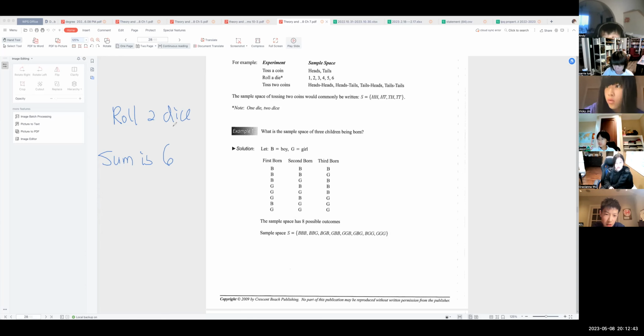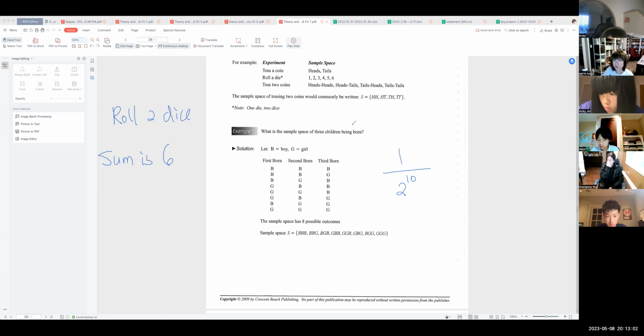What does sample space mean? Sample space means the total outcomes. Like the previous question, the total outcome is 2 to the power 10.